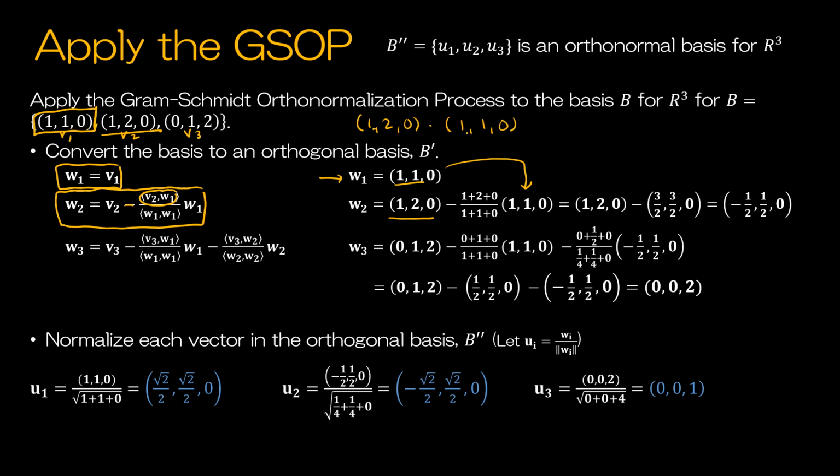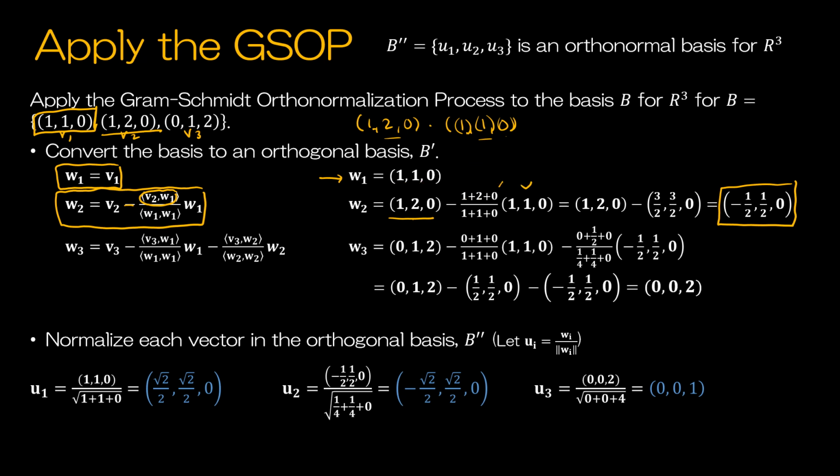So we get 1 times 1 or 1, 2 times 1 or 2, and 0 times 0 or 0. That's where those numerator values came from. The denominator values came from 1 squared plus 1 squared plus 0 squared. So that gives me the 1, 2, 0 minus, and then I just simplified. This was 3 halves, so 3 halves times 1 is 3 halves. 3 halves times 1 is 3 halves. 3 halves times 0 is 0. And so W2 is negative 1 half, 1 half, 0.